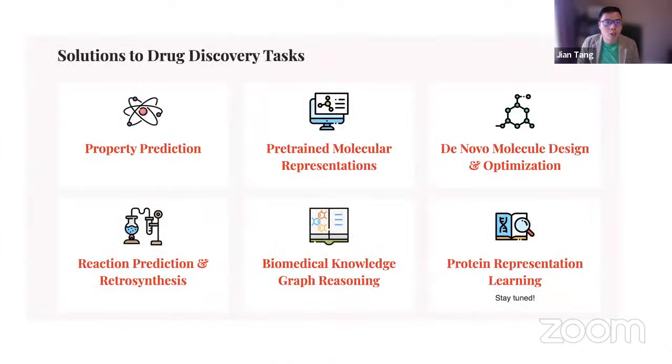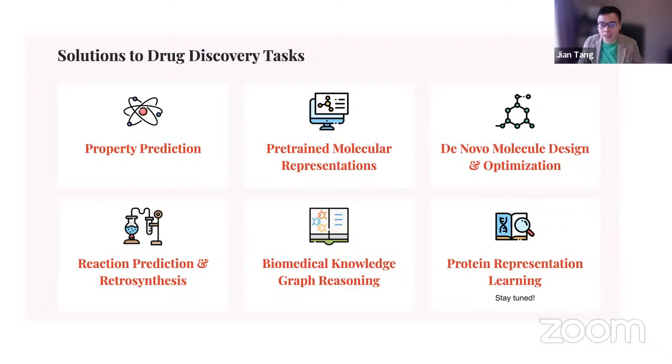Here we already provide solutions or benchmarks for a bunch of different tasks, which are all the tasks I just mentioned: property prediction, self-supervised or pre-trained molecular representations, de novo molecule design and optimization, reaction prediction, retrosynthesis prediction, and knowledge graph reasoning with applications in drug repurposing or target identification.